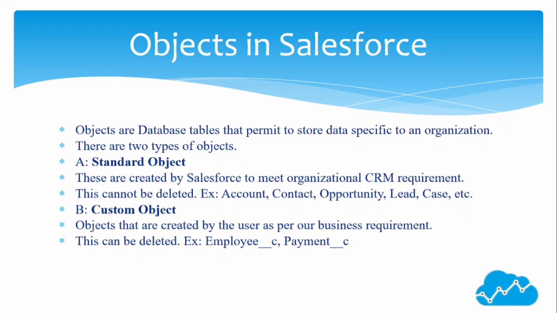This cannot be deleted. For example, account, contact, opportunity, lead, case, and so on. Custom object, objects that are created by the user as per our business requirement. This can be deleted. For example, employee, payment.